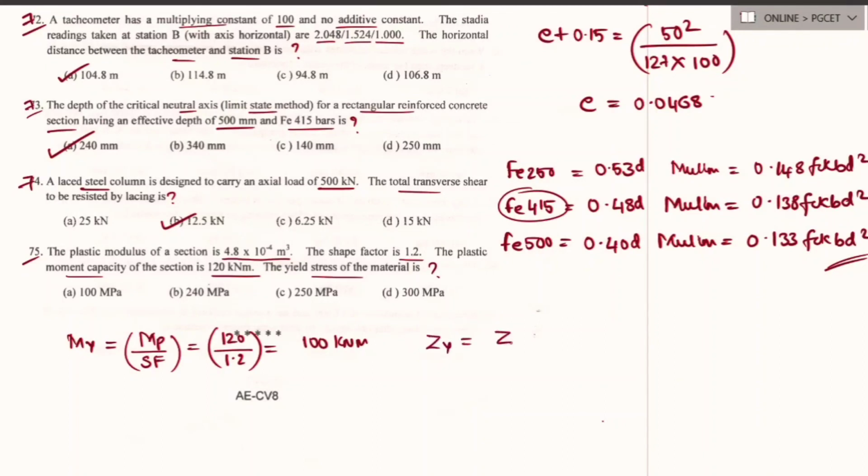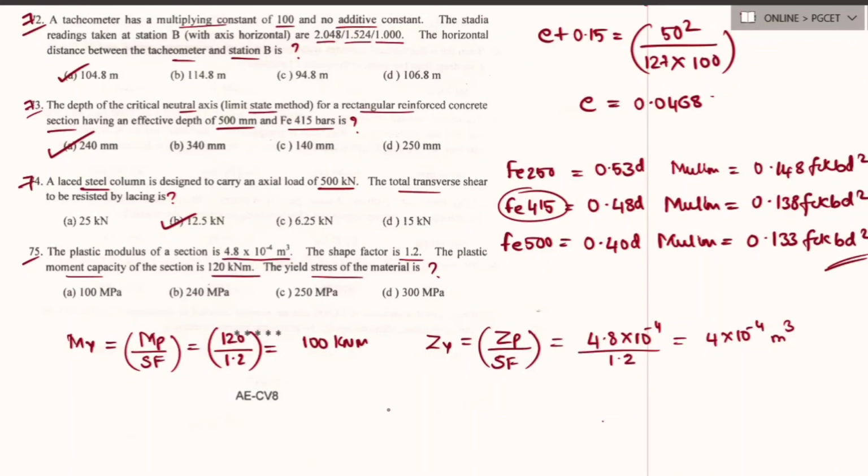And yield section modulus is given by plastic section modulus divided by shape factor. Plastic section modulus is 4.8 × 10^-4 meter cube divided by 1.2, the shape factor. So the yield section modulus is 4 × 10^-4 meter cube.